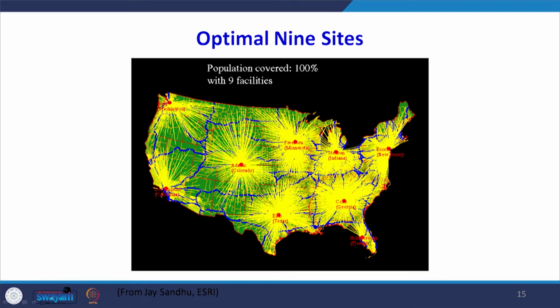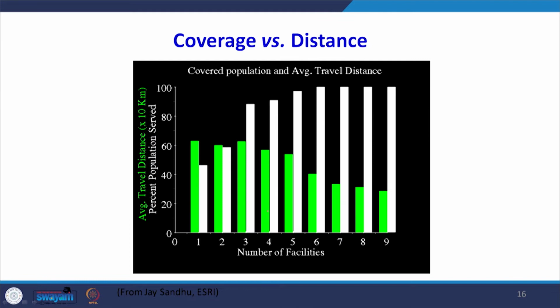So, from 6 we have now 3 more warehouses where we find that you are covering almost 100% of the population. So, that means now you got the optimal locations of those particular sites where you can start your warehouse, and then you can cover the entire nation also.